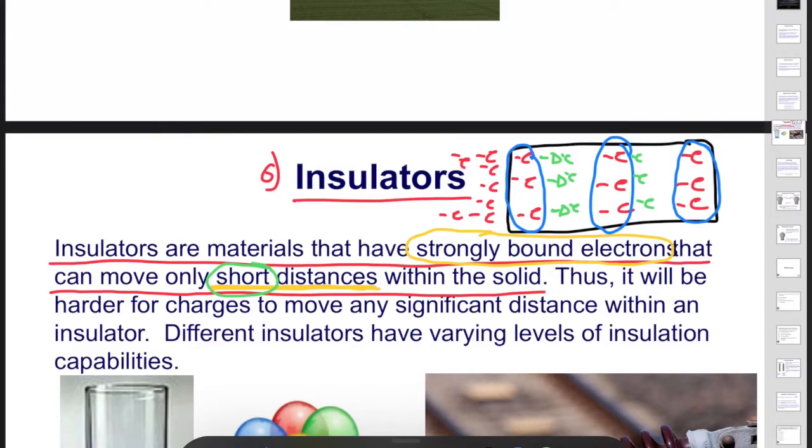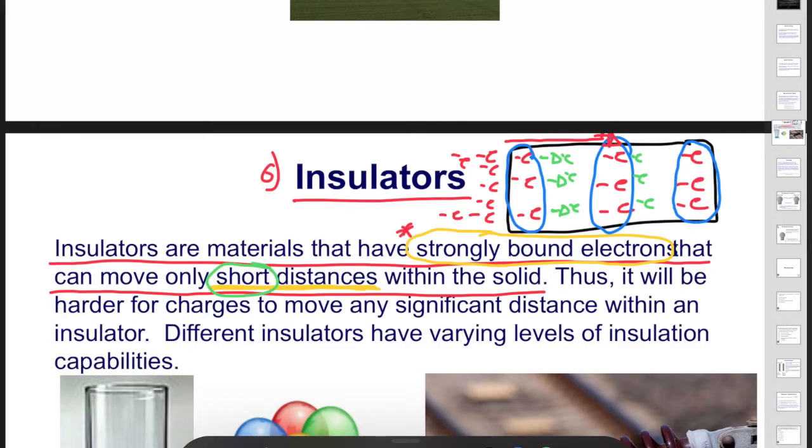That's why the charge will start on the left, start going up, up, up, but then right here it will stop, and it will not be able to go from one side of the object to the other. Okay? Why does this happen? Since the electrons have what? A strong bond in the material. That means they can only move really short distance, and that's why we call them insulators.